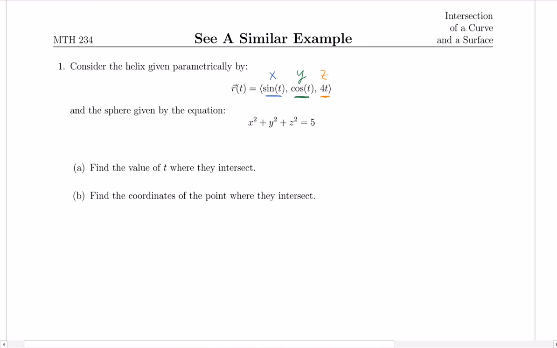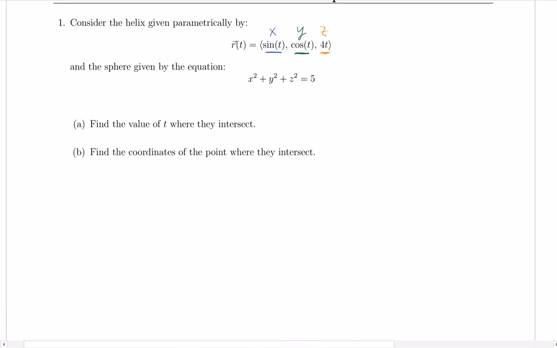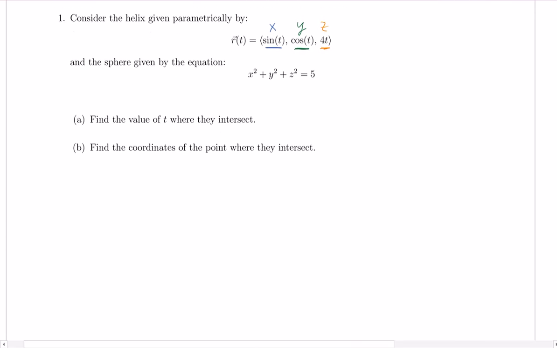Now the idea is to just take these three component functions and plug them in for x, y, and z into the equation for the surface. In this case, the surface is the sphere. So here we have x squared plus y squared plus z squared equals 5. So for x, y, and z, let's just plug in our three things.